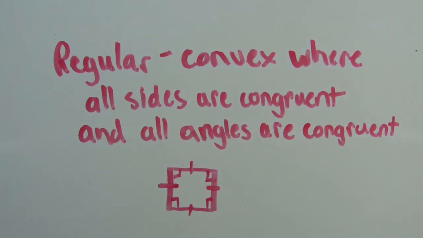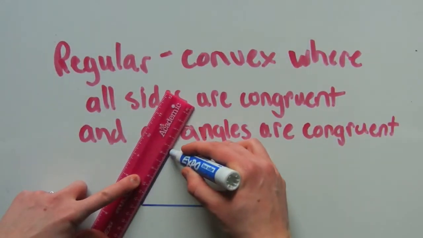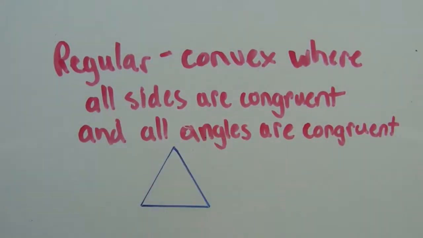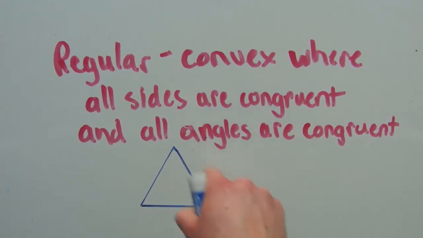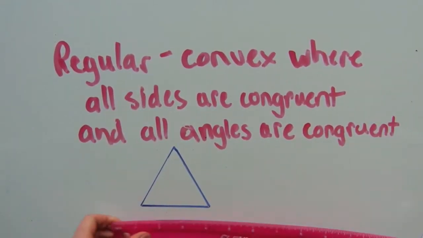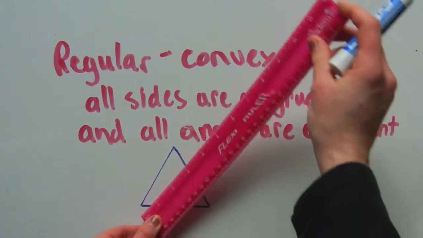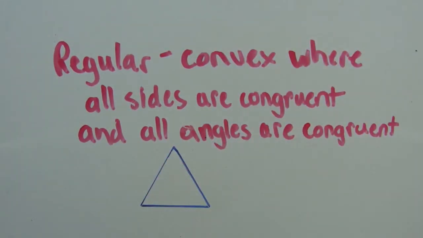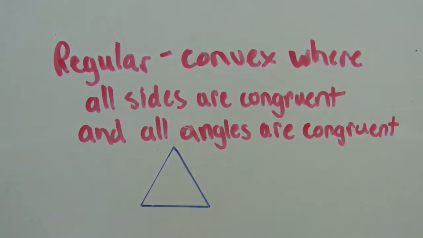Let's look at another example of a regular polygon. This is a regular triangle. A regular polygon that has three sides, so a regular triangle. Each of the sides is 3 inches long, and each of the angles are 60 degrees.